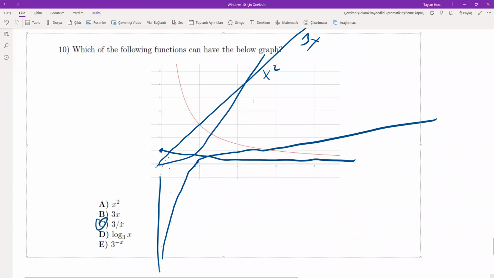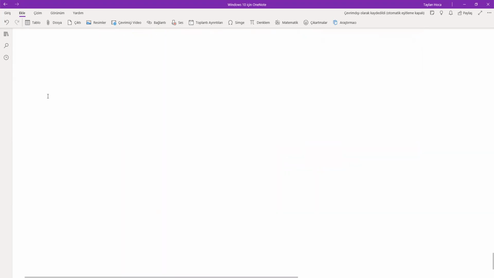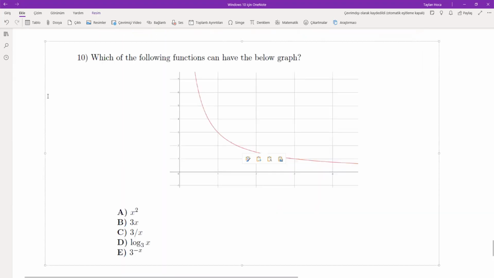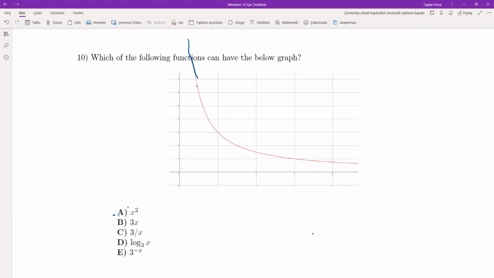But I can think that you ask me, oh, are we going to draw all graphs like this? No, you won't. So think about 0, for example. It's getting very big when x is 0. But here, it passes through 0, 0, eliminated. And when x is 0, it is 1, eliminated.